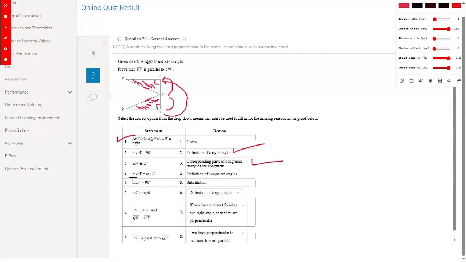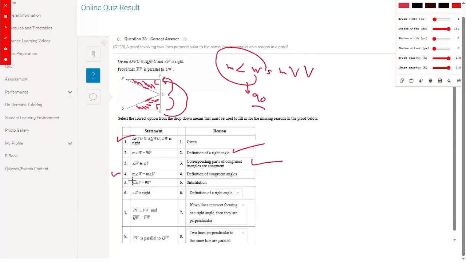Now the measure of angle W is equal to the measure of angle V. This is the definition of congruent angles, because they are congruent, so they are equal. Now angle V is equal to 90. This is a substitution, because we said that the measure of angle W is equal to the measure of angle V, so let's substitute angle W with 90.